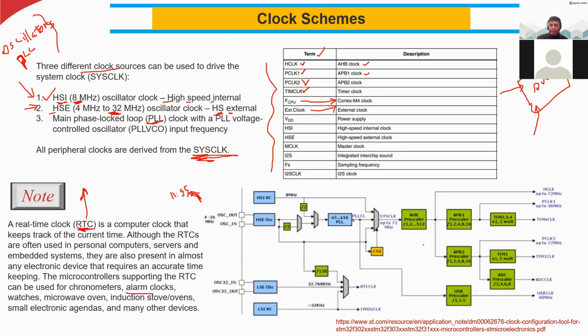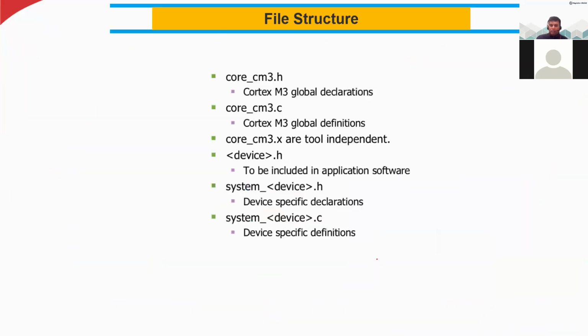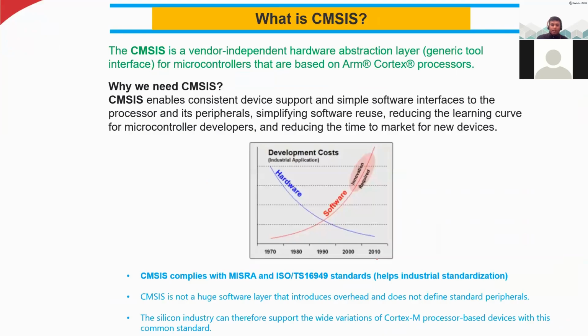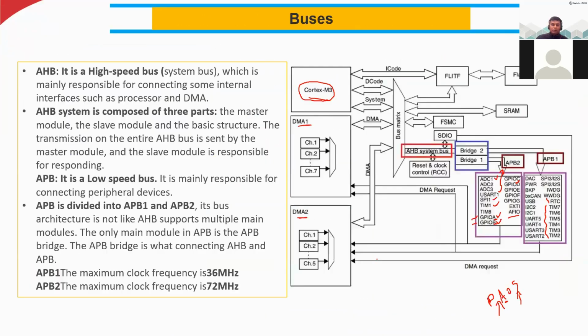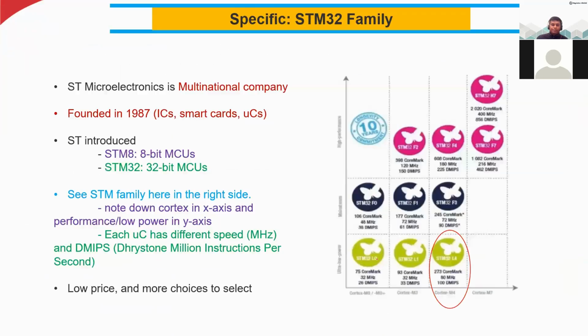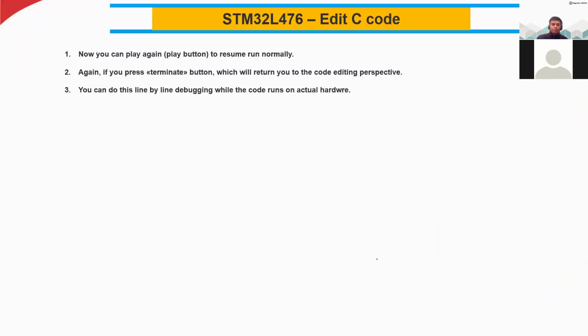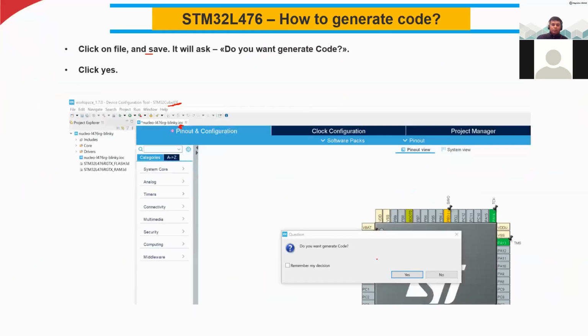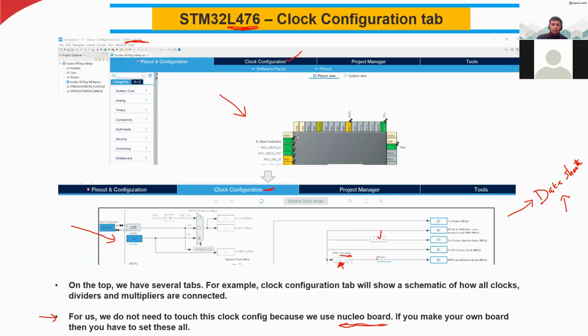So this is the clock schematic. You remember when we talked about the clock schematic, I showed you in the programming part. When you install this tool and open it, you have a tab called clock configuration.